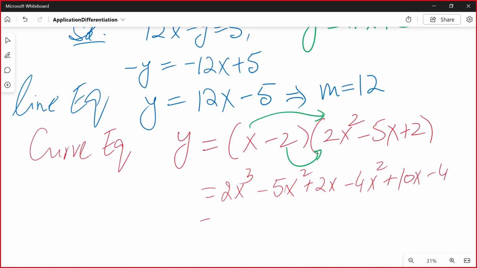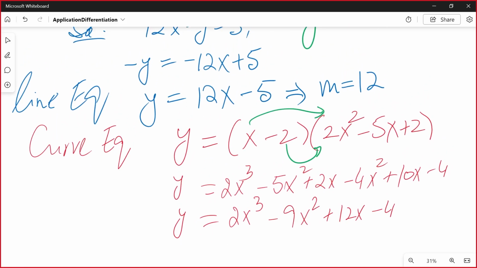Now we take the similar terms, so 2x cubed, and then minus 9x squared plus 12x minus 4. Is it good? Okay.